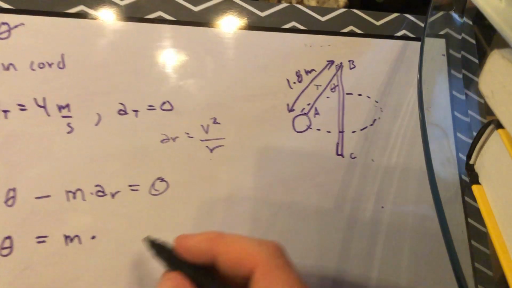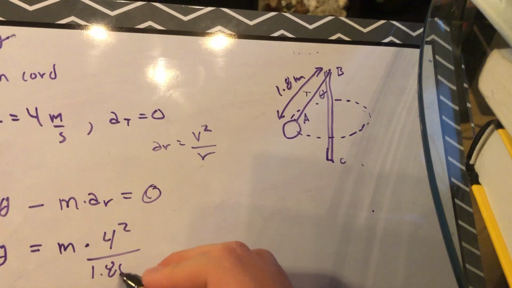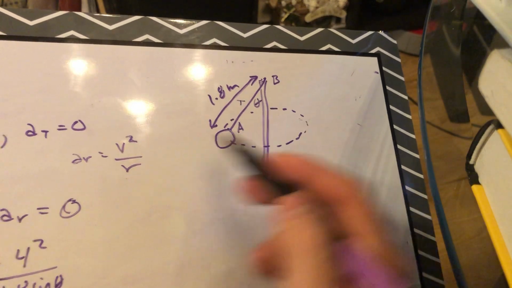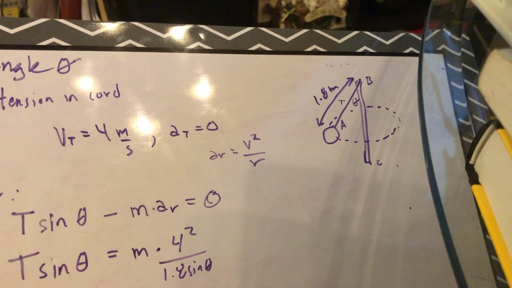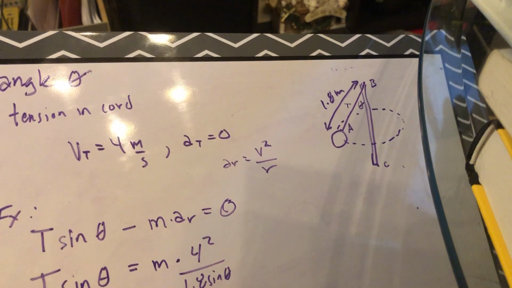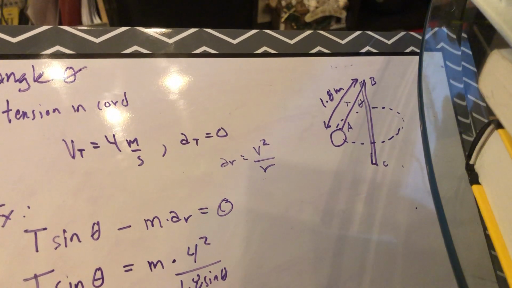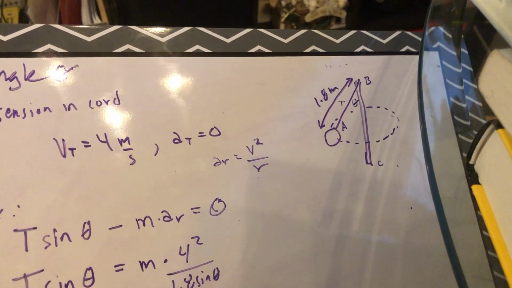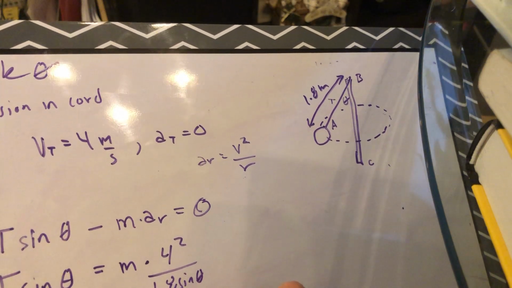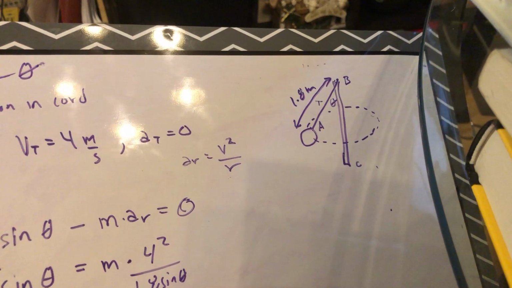I believe that's right, so we're going to go with it. 4 squared over 1.8 sine theta, which is our radius. And we know the ball is 450 grams. So T sine theta is equal to 0.45 kilograms times 4 squared over 1.8.